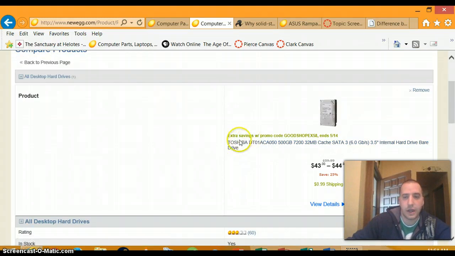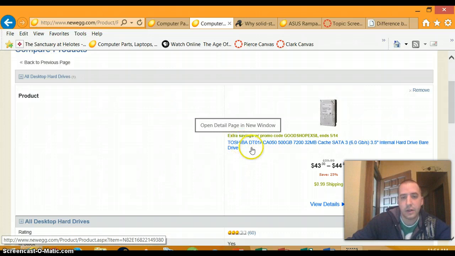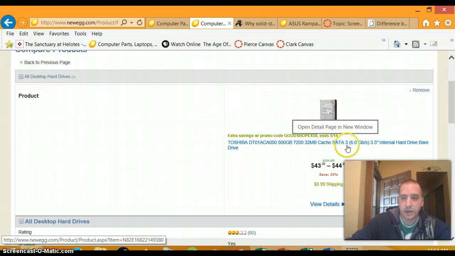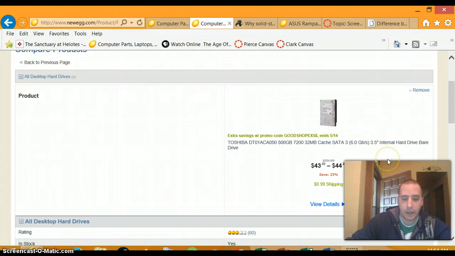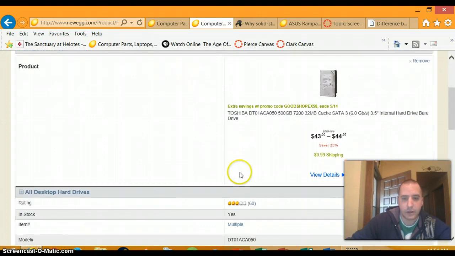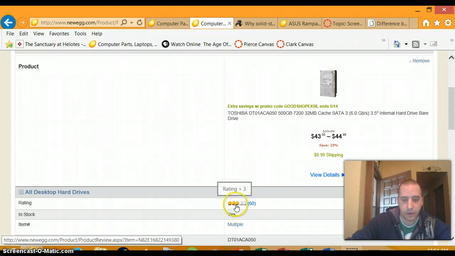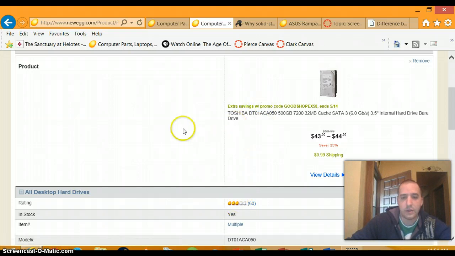And to start, I have a Toshiba 500 gigabyte hard drive, and its interface is SATA 3, and the customer ratings, see, it's about a 3. The condition is new.